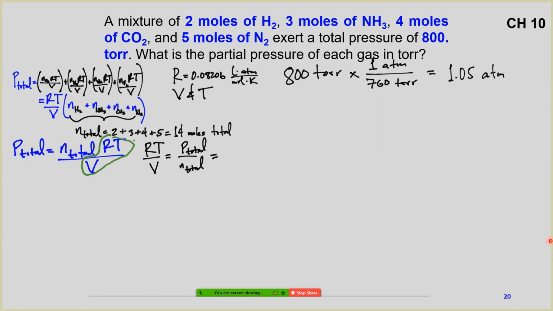All right, so now we're going to plug this number into this equation right here so we can solve what RT over V is. So that's 1.05 atmosphere divided by the total, which is 14 moles, and we get 0.075.